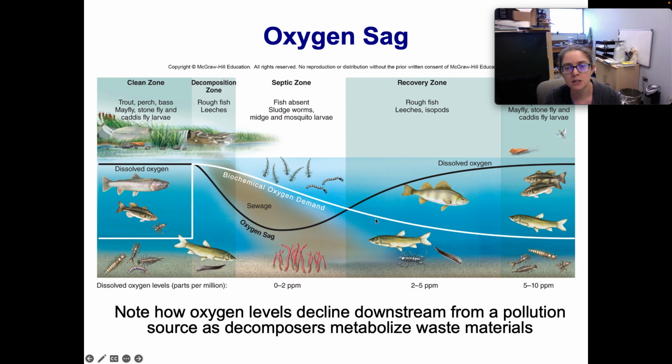As the oxygen goes up, we see this recovery zone. We start to see some fish, some isopods, some leeches. They can't handle the lowest part of oxygen, but as it starts to recover, they can handle it. And then we don't get the same things as we had in the clean zone until we're much farther downstream, where the oxygen concentrations have fully recovered.